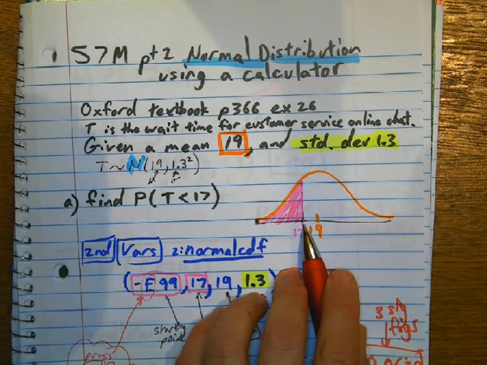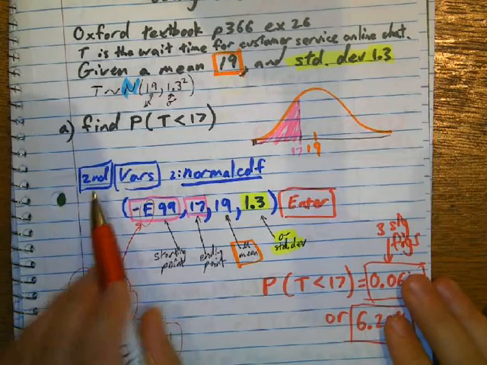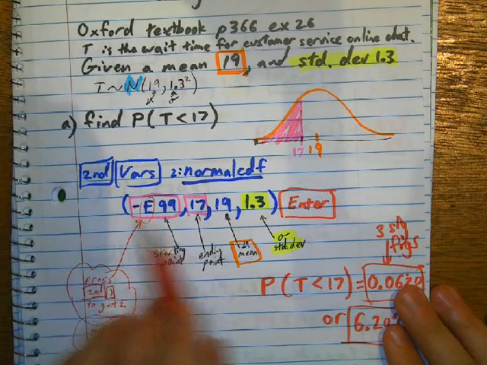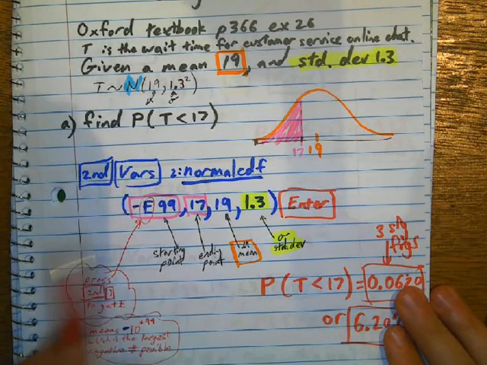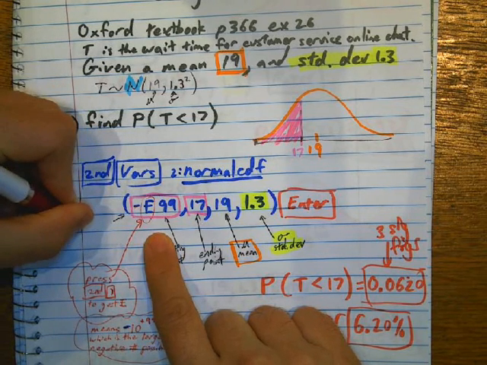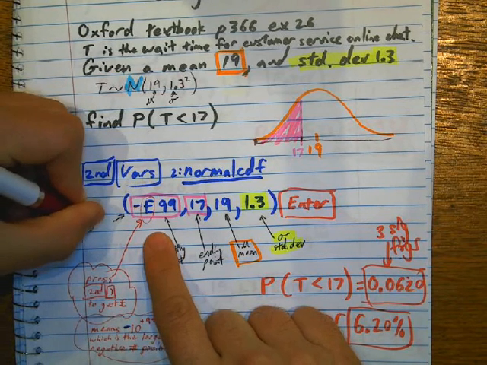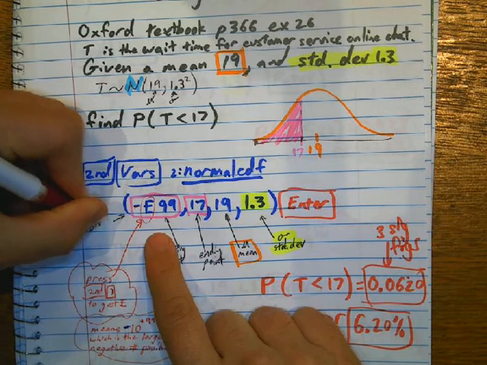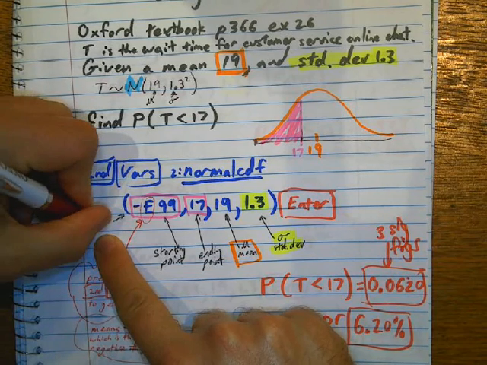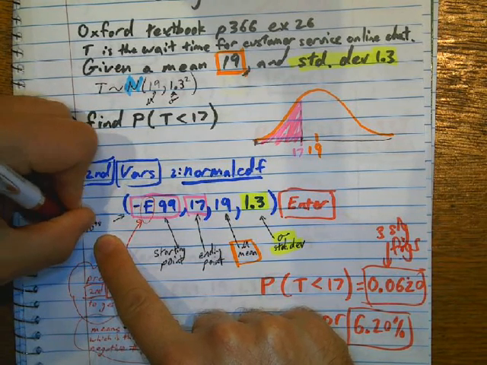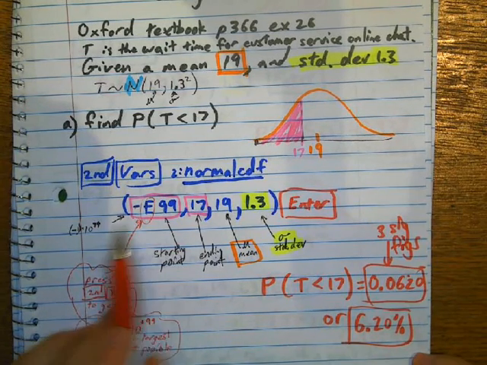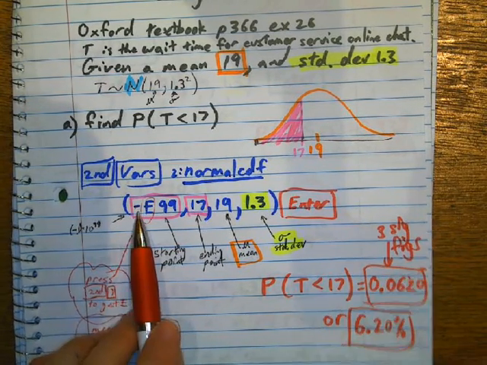To do this, you hit second var to get normal CDF, and then we enter the smallest number we could possibly use, which is -1 times 10 to the 99 power. This is the smallest number the calculator knows. I do that by hitting the negative button.